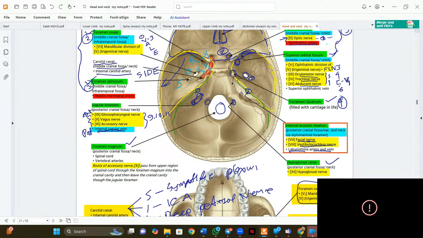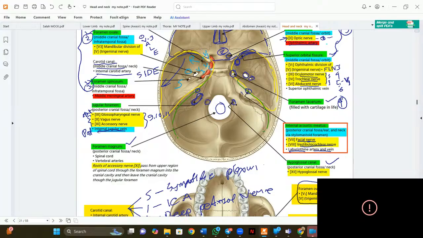So anteriorly will be the inferior petrosal sinus, posteriorly the sigmoid sinus, and the sigmoid sinus with the inferior petrosal sinus will join together to drain into the internal jugular vein. In between will be three nerves, G, V, A: glossopharyngeal, vagus, and accessory.